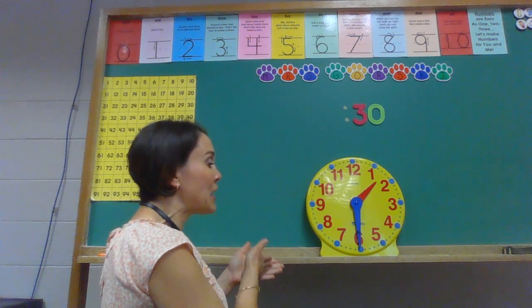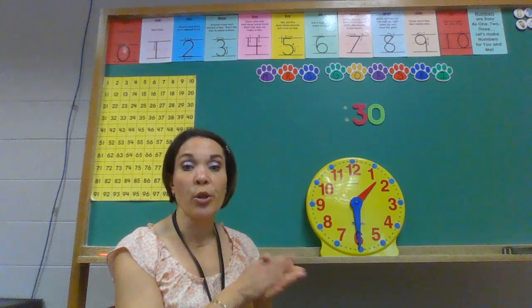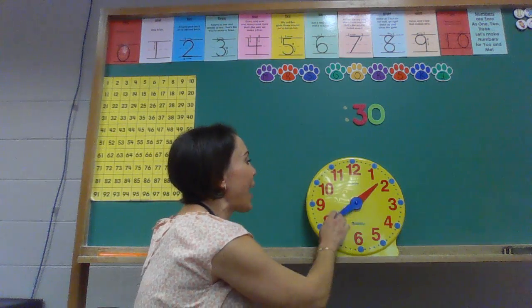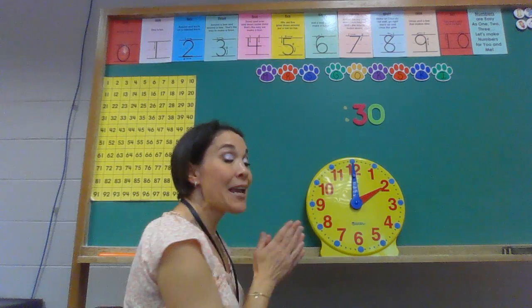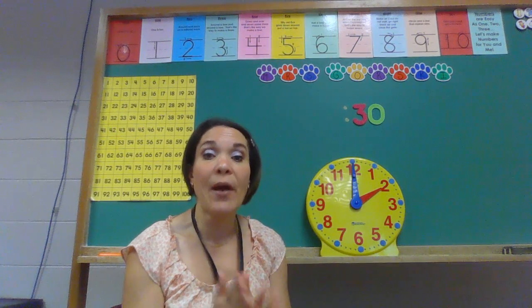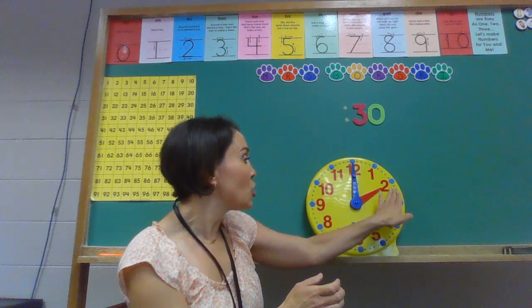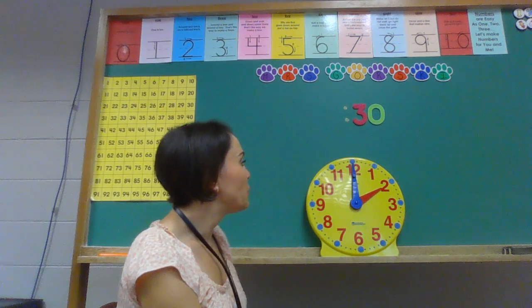So in order for me to know that the 6 is worth 30, there is a way on my clock that I can skip count to figure out the minutes that each one of these red numbers mean. And it's a way that you skip count that's very simple. You always skip count by 5s. That's how we skip count on a clock with these big red numbers.